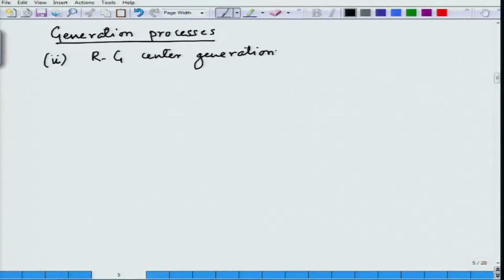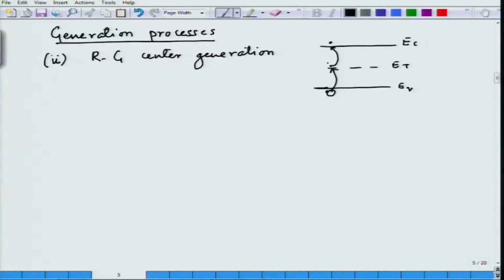And what we have here is the reverse of recombination, taking help of the RG centers. So, an electron which is in the valence band first goes to the RG centers, then from here it goes to the conduction band, leaving behind a hole, and this is the generation process.